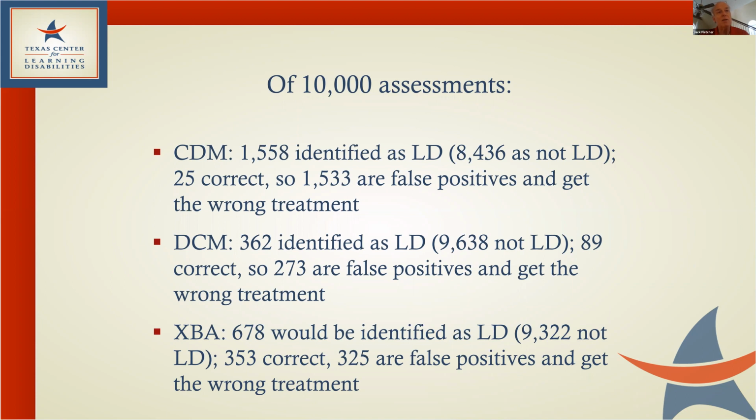You see the same thing with these other methods. For example, the cross battery method would identify 678 with a learning disability, 9,322 not learning disabled. Those decisions are largely correct. Of the 678, 353 would be correct, 325 are false positives, and they would get the wrong treatment.